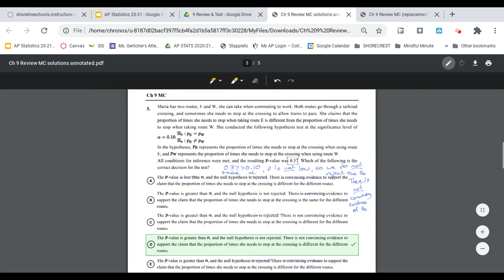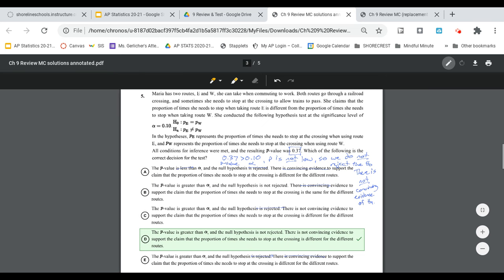Okay, 5. Got a bunch of information here, and we're just practicing the conclusion part of the SPDC part. So in this case, they gave us a p-value of 0.37. They gave us an alpha of 0.1, and 0.37 is bigger than 0.1. So our p-value is too big.